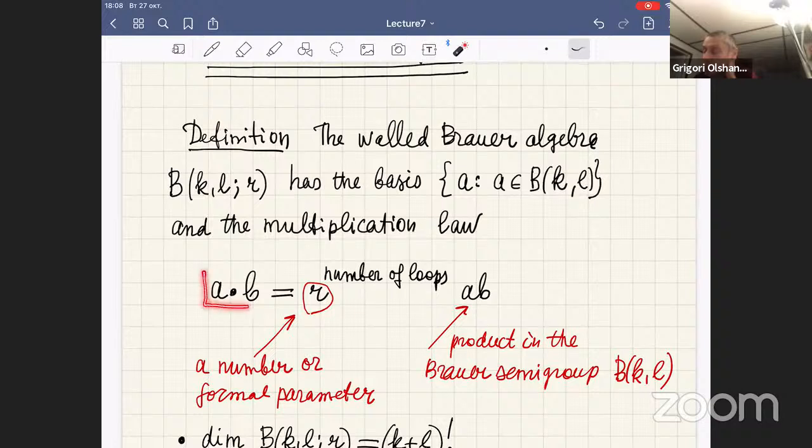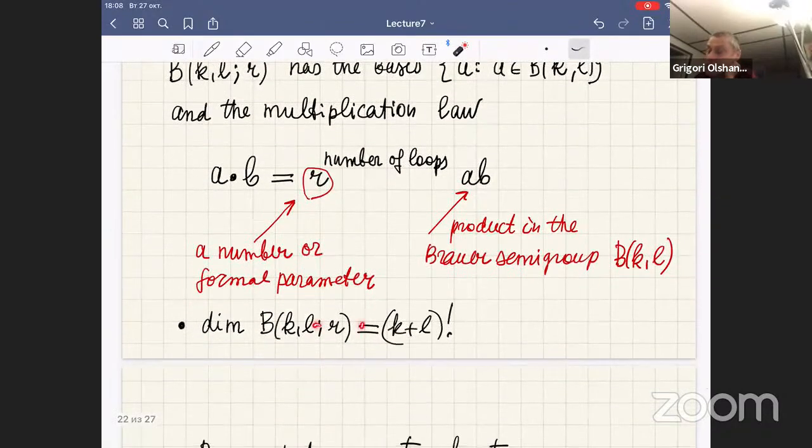If you want to multiply two elements of the algebra, we take the product in the Brauer semigroup and introduce some numerical factor, something which depends on the formal parameter: R raised to the number of loops which show up in the picture corresponding to this multiplication.